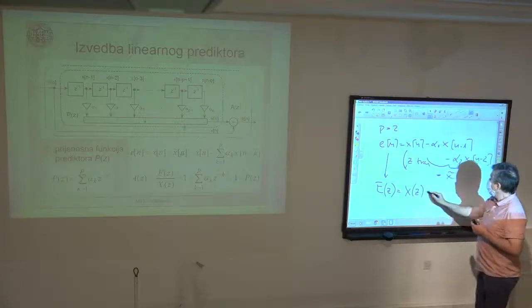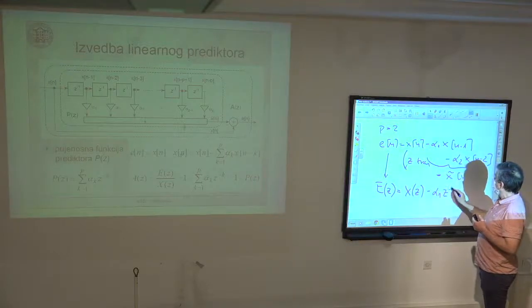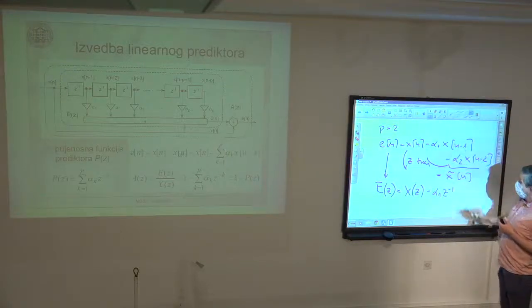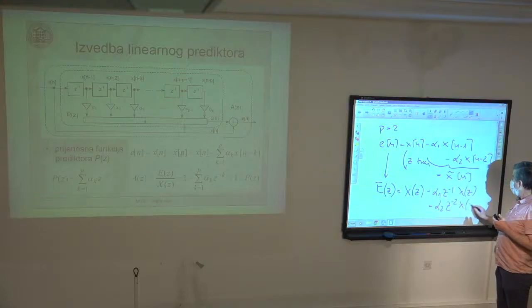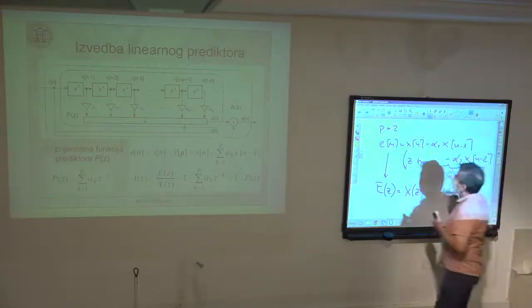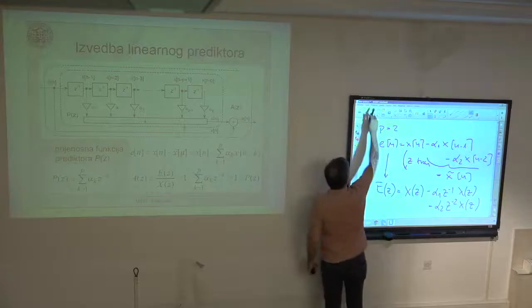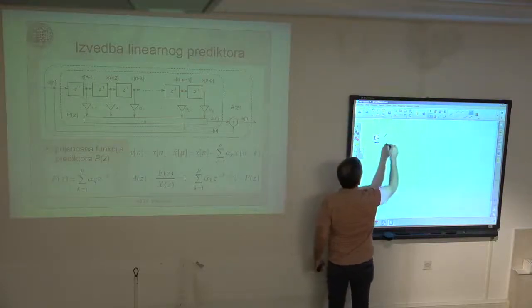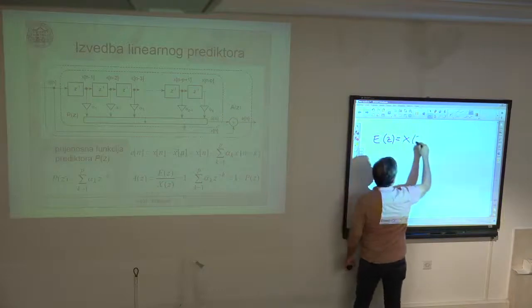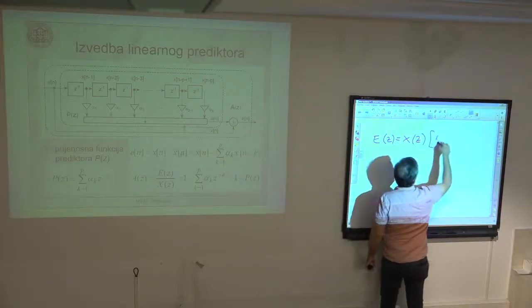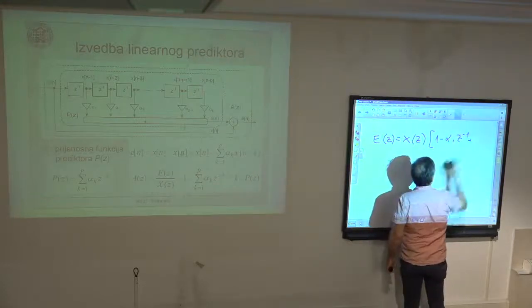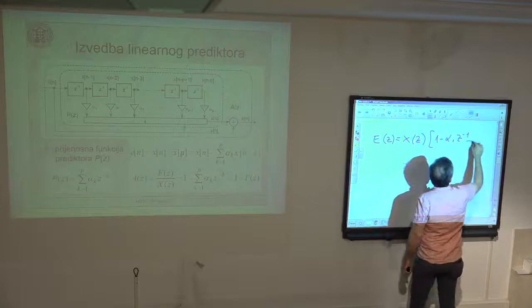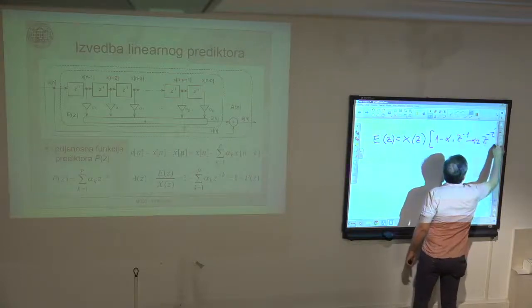This here is minus alpha 1 z to the power of minus 1, because we have this delay by one step, X of z, and minus alpha 2 z to the power of minus 2, X of z. Now I can extract this X of z from the last three terms. So E of z is X of z multiplied by 1 minus alpha 1 z to the minus 1, minus alpha 2 z to the minus 2, okay?